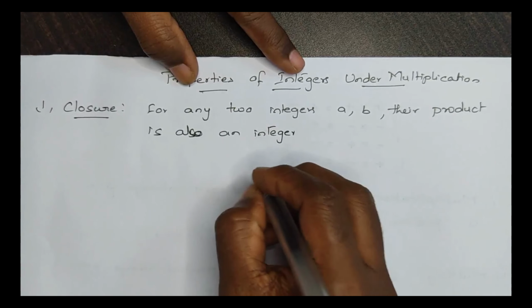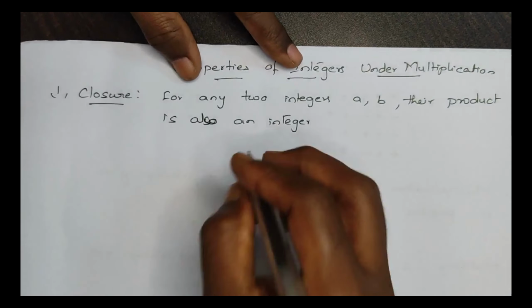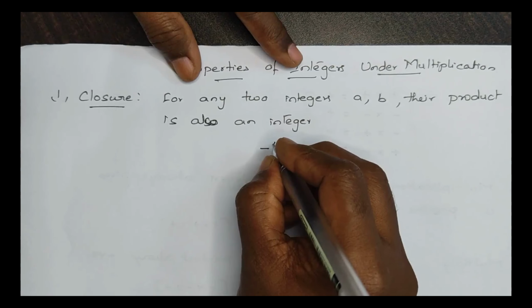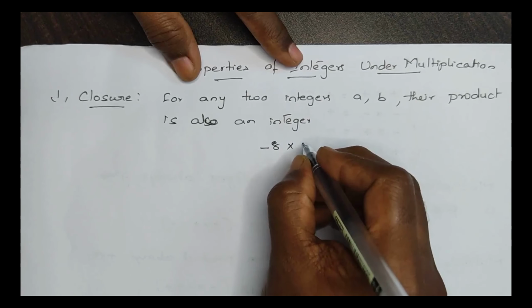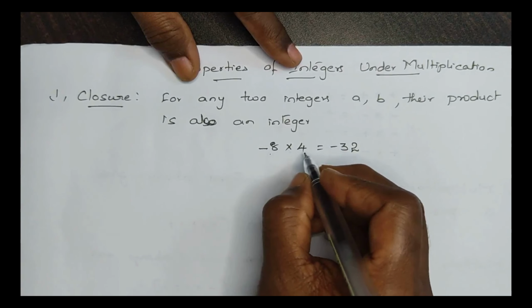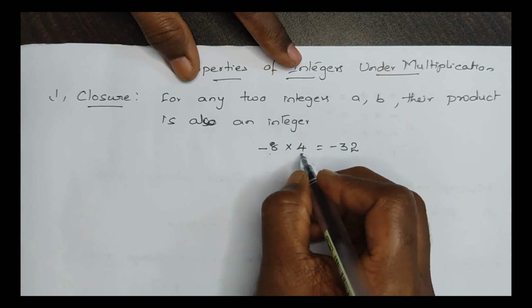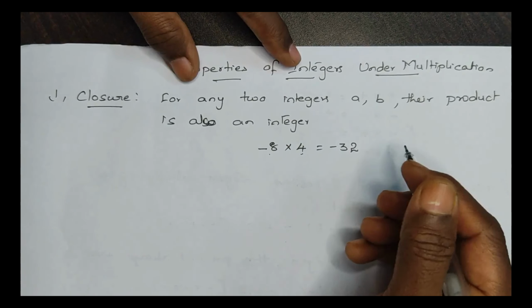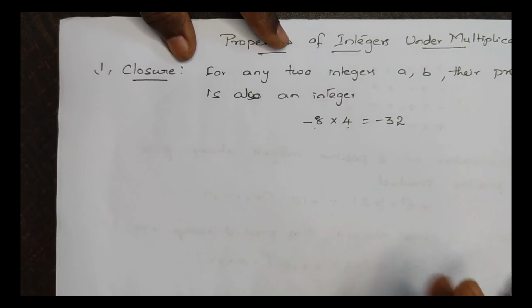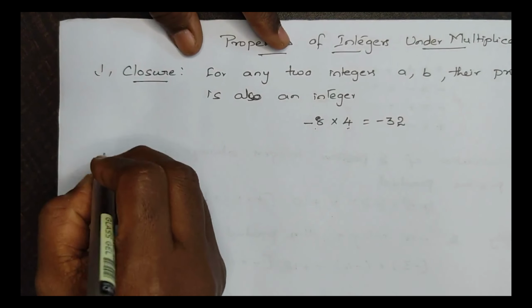For example, just now we have multiplied. Similarly, you can take another example. Negative 8 into 4 gives you negative 32. So you are multiplying two integers, one is negative, one is positive, and you are getting another integer, a negative integer, that also comes under the set of integers.